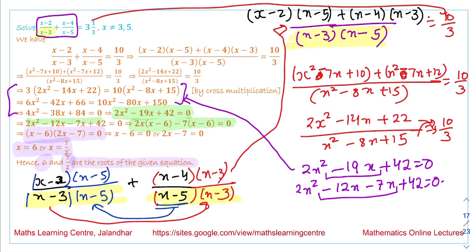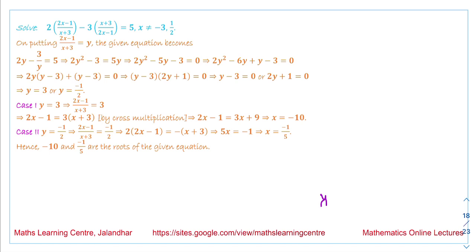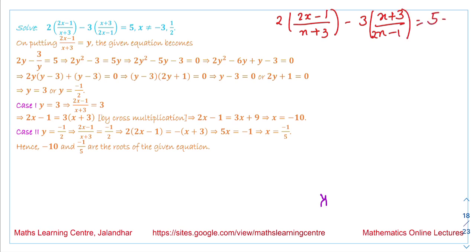Next, this equation is given to us. To solve this, we are saying it is 2(2x - 1)/(x + 3) - 3(x + 3)/(2x - 1) = 5. Further, it is given that x is not equal to -3 and x is not equal to 1/2. Why are these conditions given?